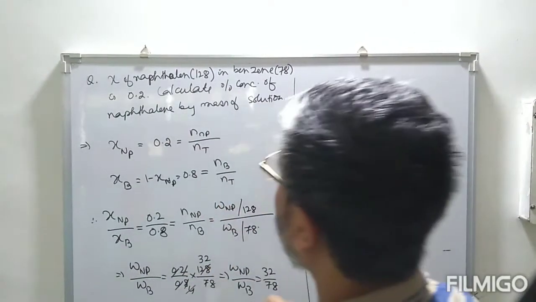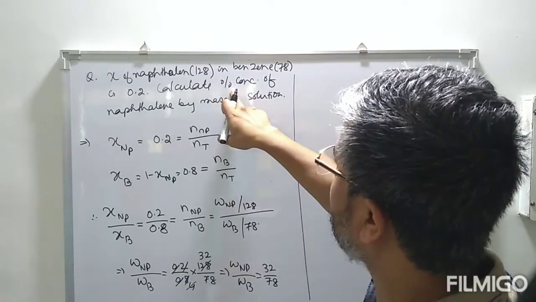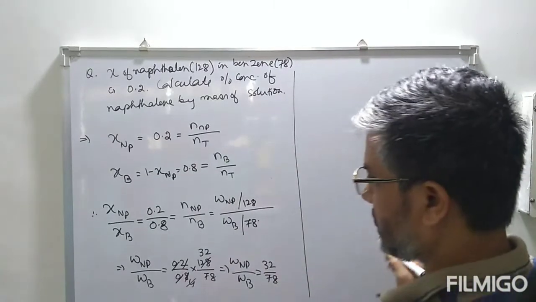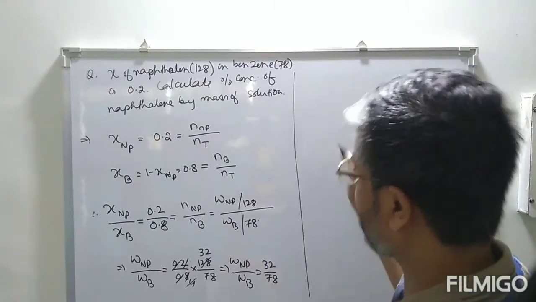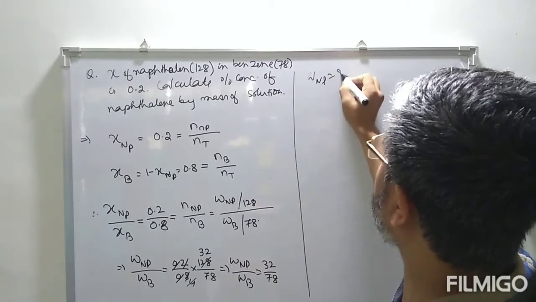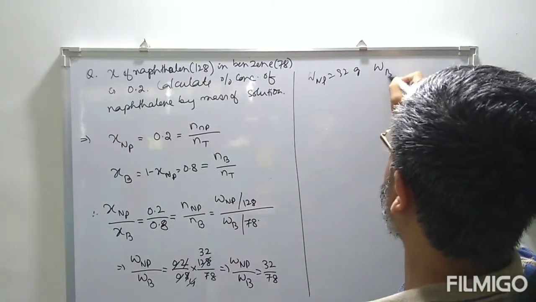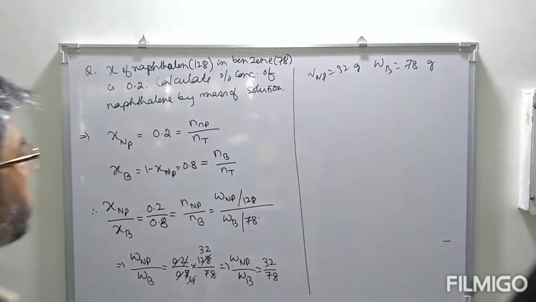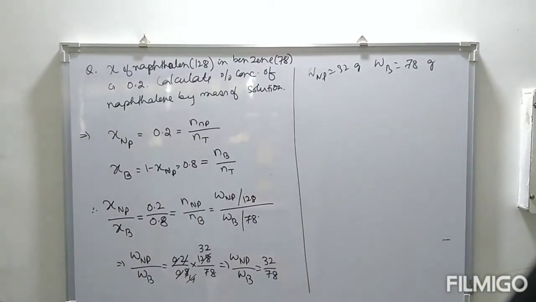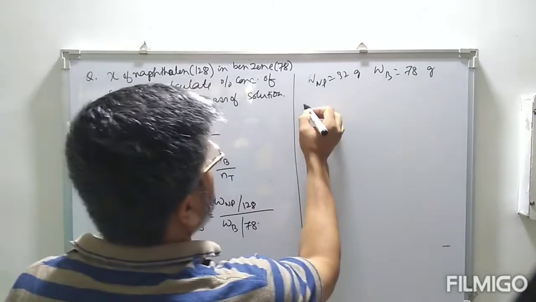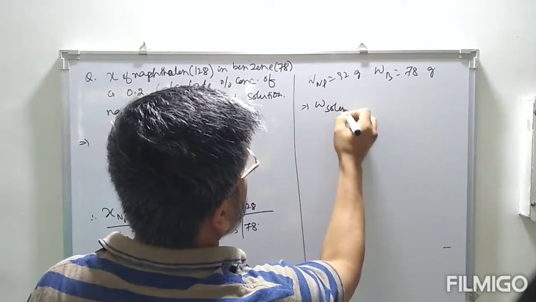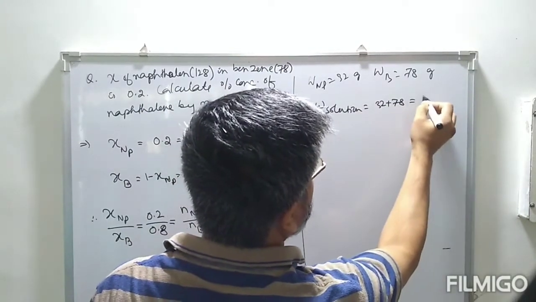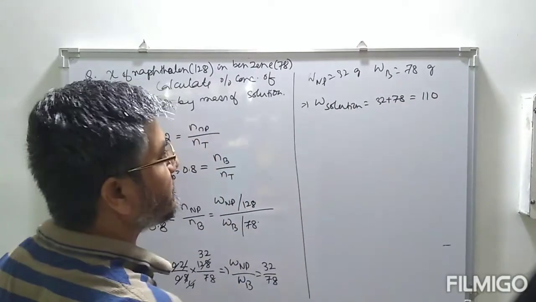Now we have to find the percentage of naphthalene by mass of solution. So the ratio is 32 by 78 by mass. Therefore, mass of naphthalene is 32 gram, mass of benzene is 78 gram. Therefore, mass of solution is 32 plus 78, that is 110.